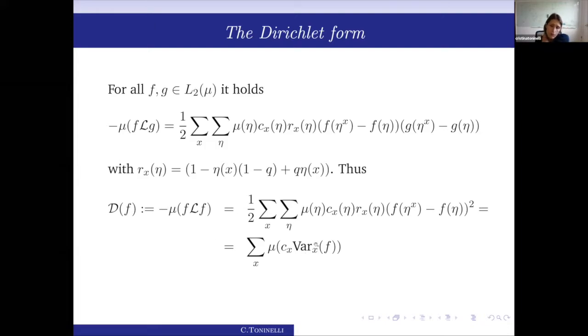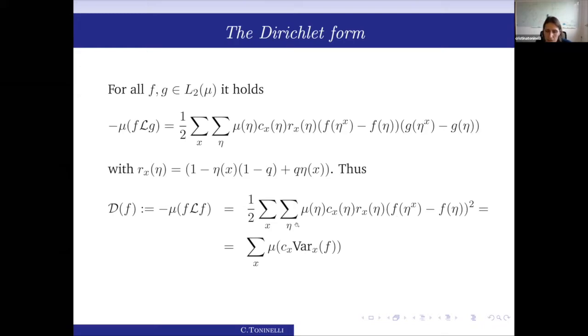And using the formula of the generator, in this case, the Dirichlet form, which is a positive form, is always bigger or equal to 0 for any function.